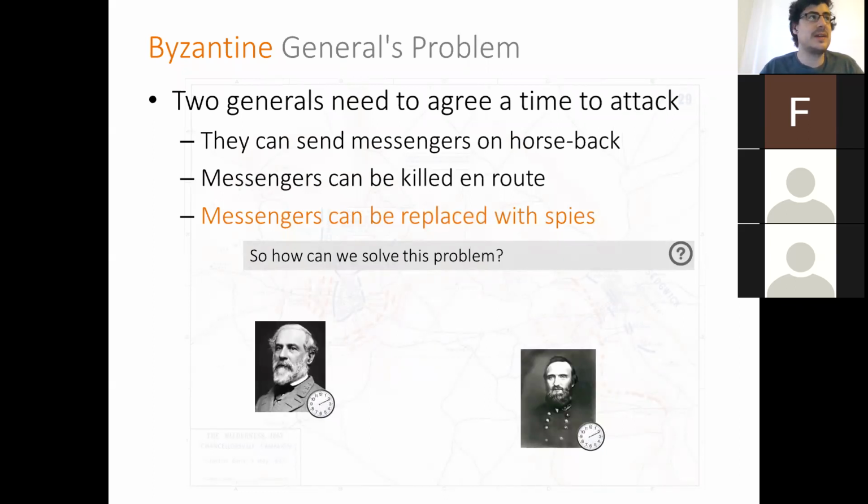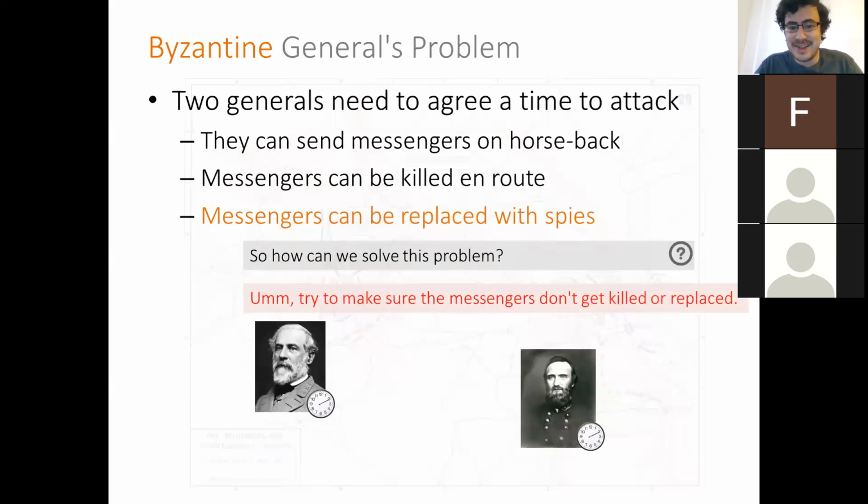This would be essentially similar to a machine that's been hacked, or some software that has gone wrong, or some buggy software, where the information we're getting is not even correct. Okay, and this is an even harder problem. In this case, all we can try to do is make sure the messengers don't get killed or replaced. There's really not much we can do.